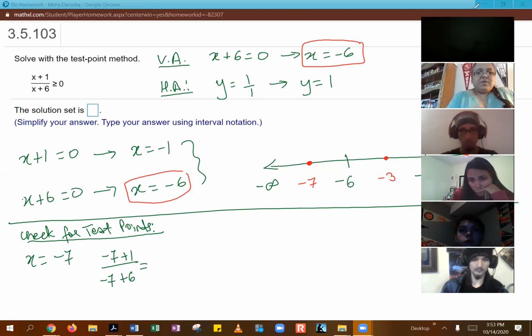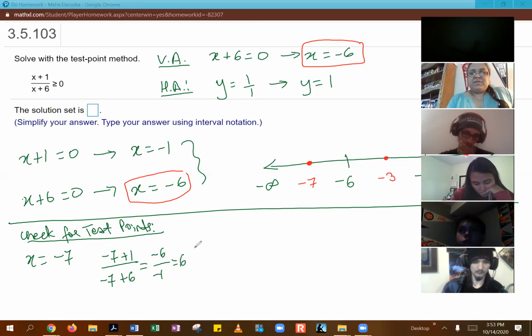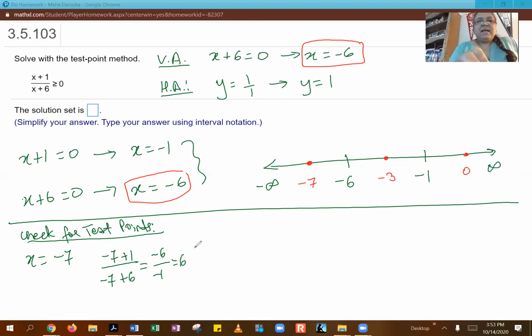Yeah, it's going to give you a +6. Very nice, because we will get -6 on the numerator, -1 on the denominator. So that gives us a +6. And that means all our y values are going to be positive in this interval.